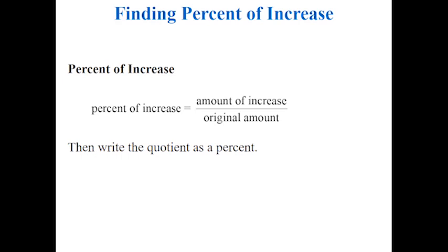To find the percent of increase, we take the amount of the increase and we divide by the original amount. And then write the answer, the quotient, as a percent. So the amount of the increase divided by the original amount.